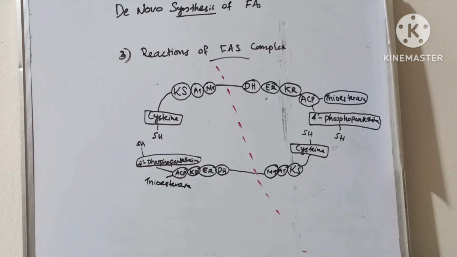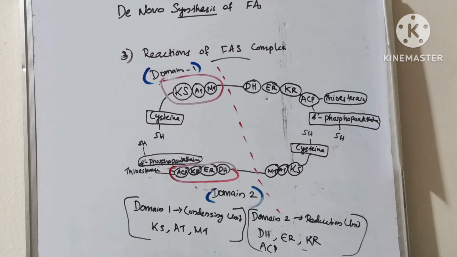Phase 3 is reactions of fatty acid synthase complex. Fatty acid synthase complex is a multi-enzyme complex and it is a dimer which is composed of two identical subunits. Each subunit has 7 enzymes and 1 acyl carrier protein. The functional division of fatty acid synthase complex has 3 domains.